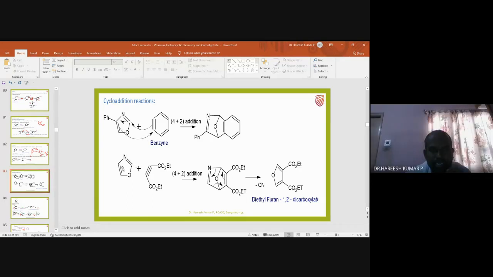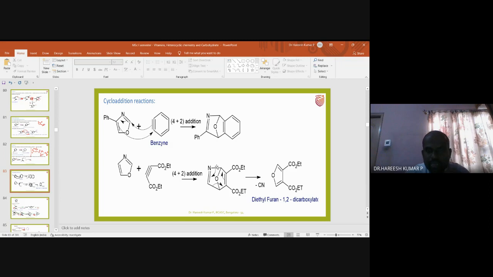Similarly, in this one, this is 2 electrons, this is another 2 electrons, and this is another 2 electrons. So 4 electrons here and 2 electrons here make a 4 plus 2 cycloaddition. This pi bond is involved in a bond formation here, this pi bond will move over here, and this pi bond forms a new bond with this carbon.